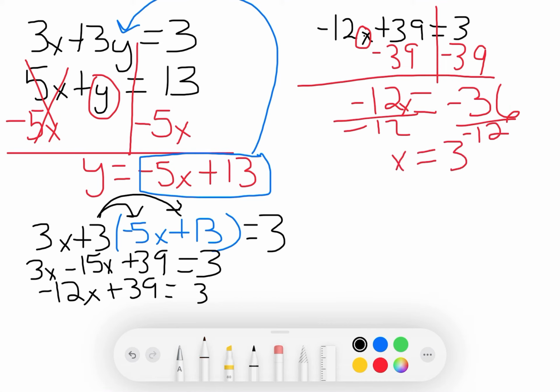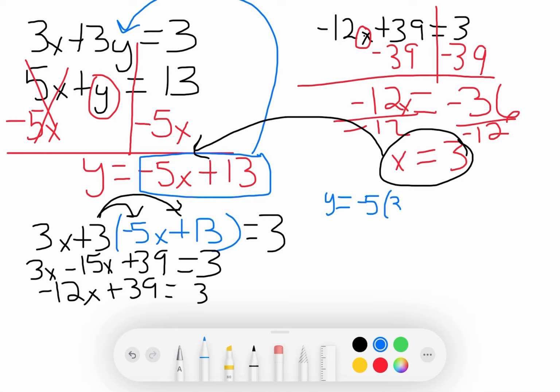So now I've completed the first part of this problem. I found a value for x, and now all I need to do is plug this value of x back into one of these equations to solve for y. So I'm going to use this equation right here. So when I plug it back in, I get y equals negative 5 times 3 plus 13.